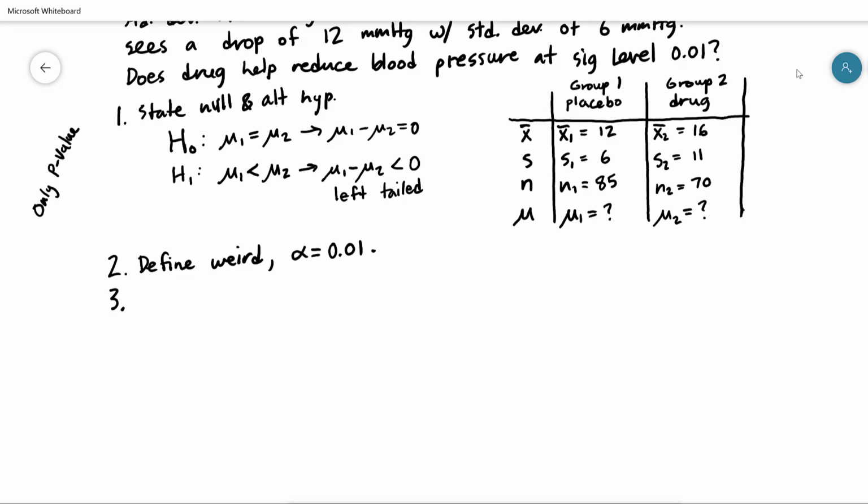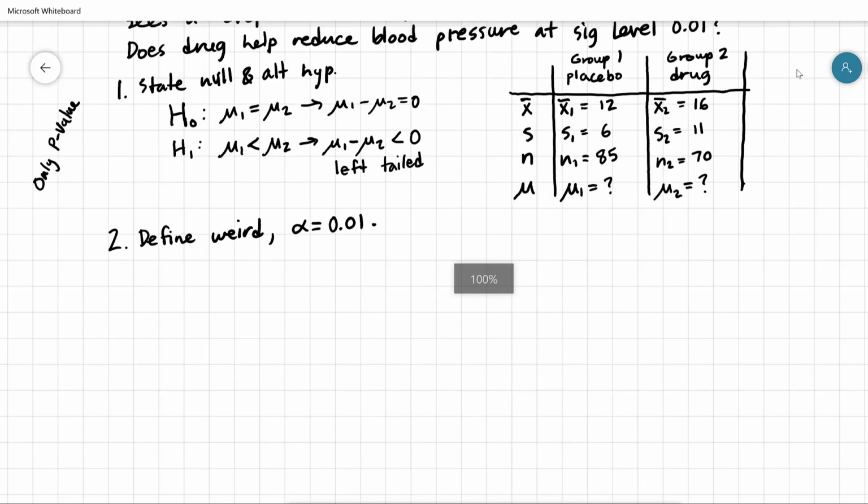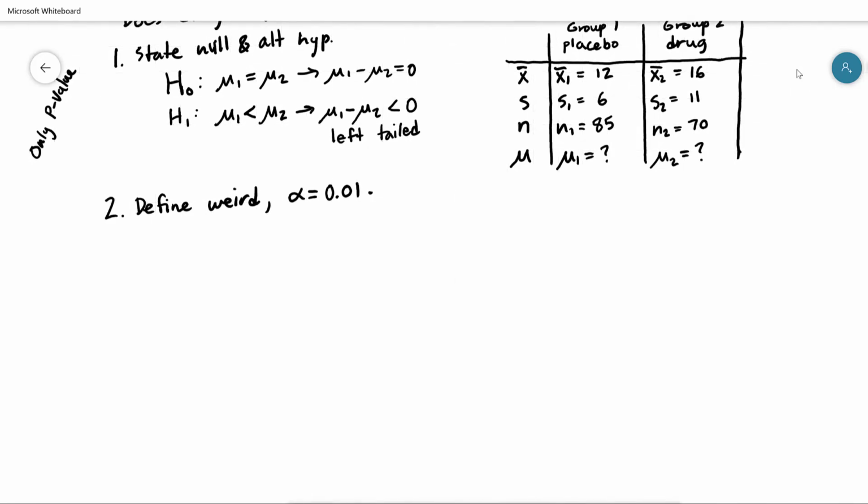Step number 3. Here's where we need our test statistic. In fact, before we do the test statistic, let's just draw our picture so we can get some practice with that as well. So what is the scenario that we're looking at? We have a scenario that looks like this. Here is our curve.